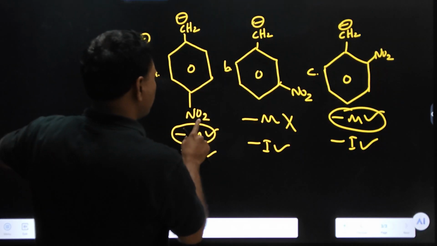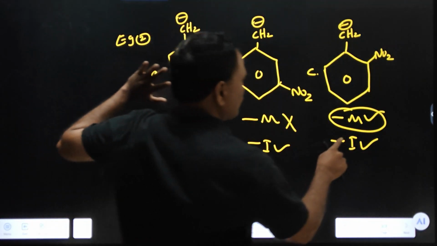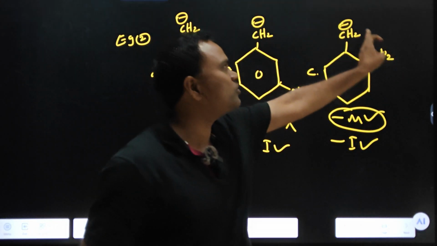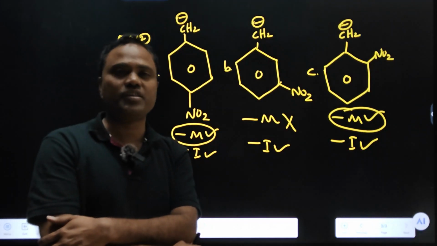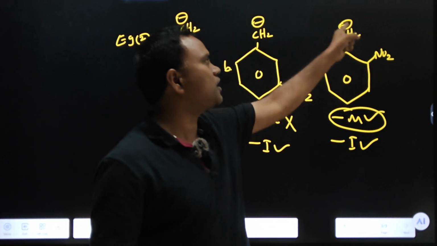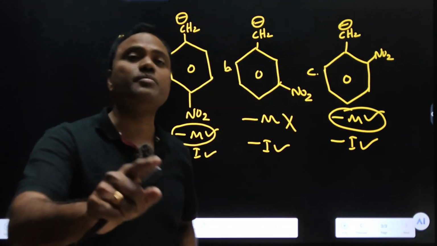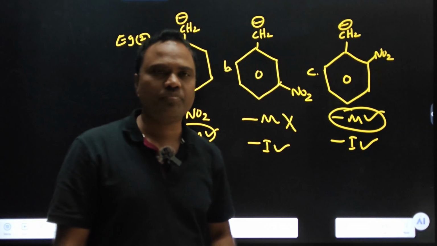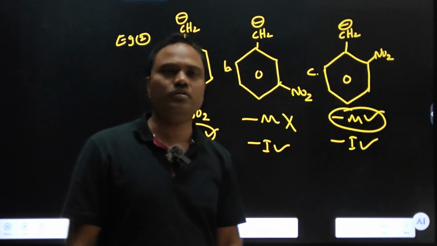See the distance. Here the minus I is closer. We know the inductive effect is a distance based effect. Here the minus I group is closer to the carbanion, and minus I groups stabilize the carbanion. NO2 has its minus I power and is closer to the carbanion, so this is more stable.